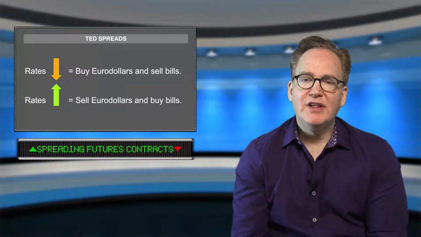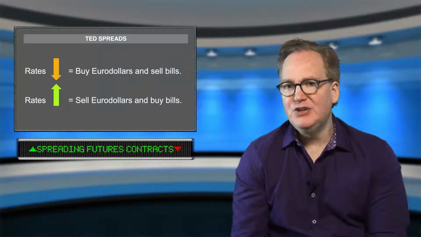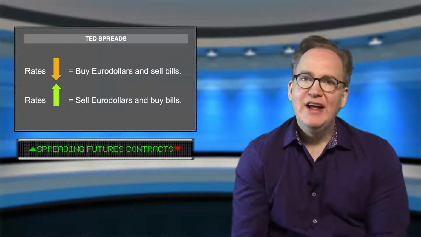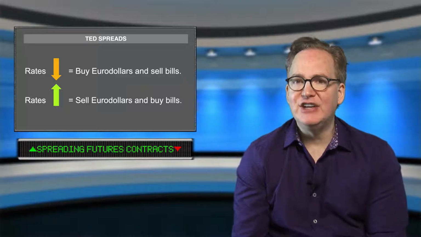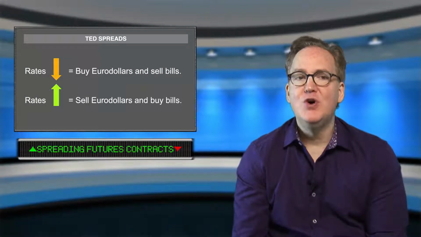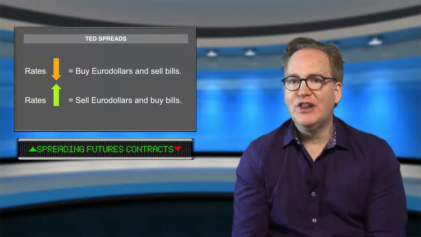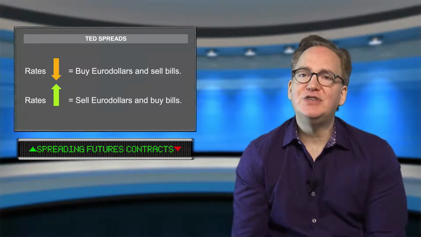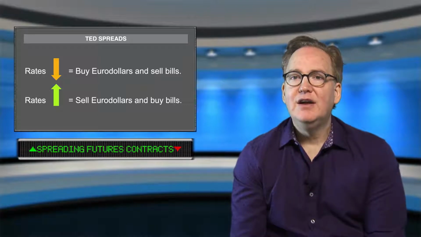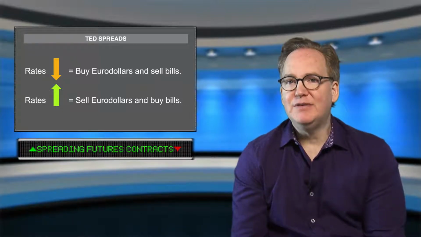Now, there are several other scenarios that could be used with the TED spread to speculate or hedge. The TED spread could be used to speculate or hedge against a change in credit conditions or in credit quality. If we were concerned that credit was going to deteriorate, we would want to sell the Eurodollar future and we would want to buy the T-bill future.